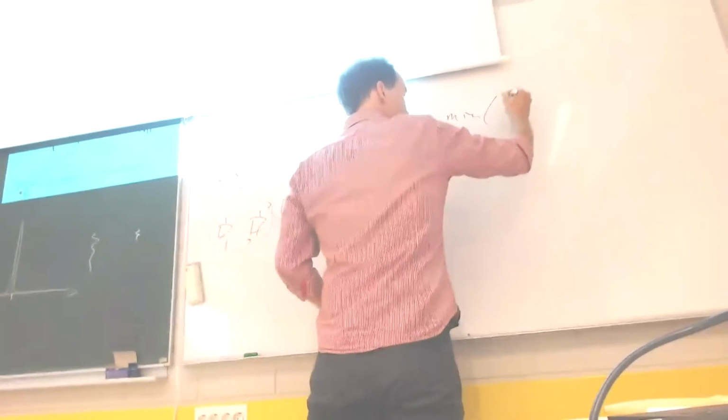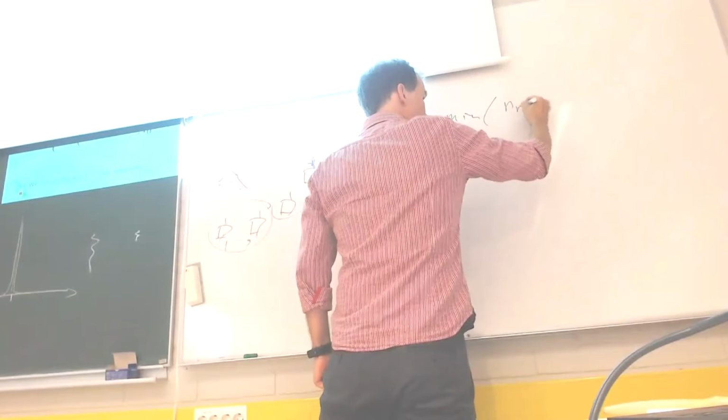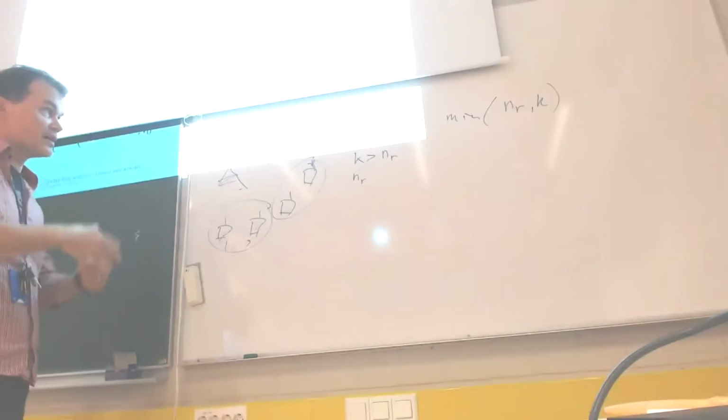Degrees of freedom in this case is always the minimum of NR and K, and K is larger than NR.